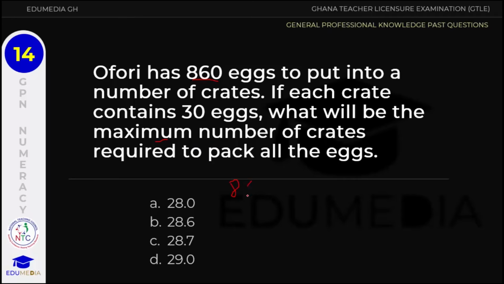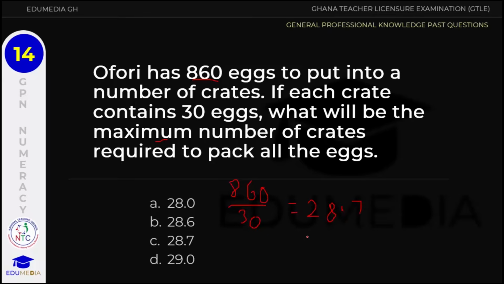So let's take 860 eggs divided by 30, because each crate can take 30. And this will give us approximately 28.7.